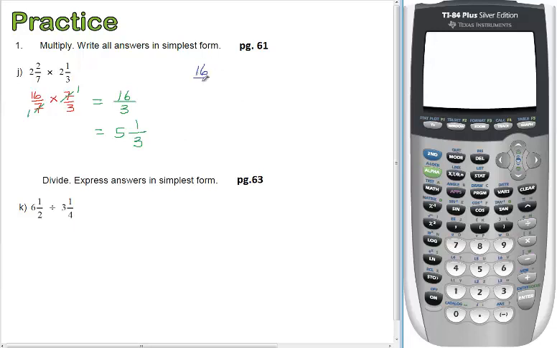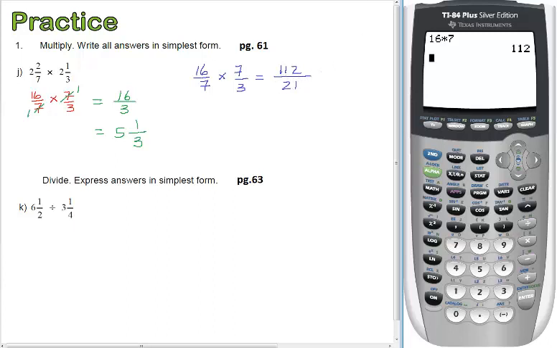So if we go back to the second step where we changed it from mixed to improper, some people multiply out the whole top. 16 times 7, right? They'll actually do the 16 times 7. I'll just go over on the calculator. 16 times 7 is 112, and 7 times 3 is 21.